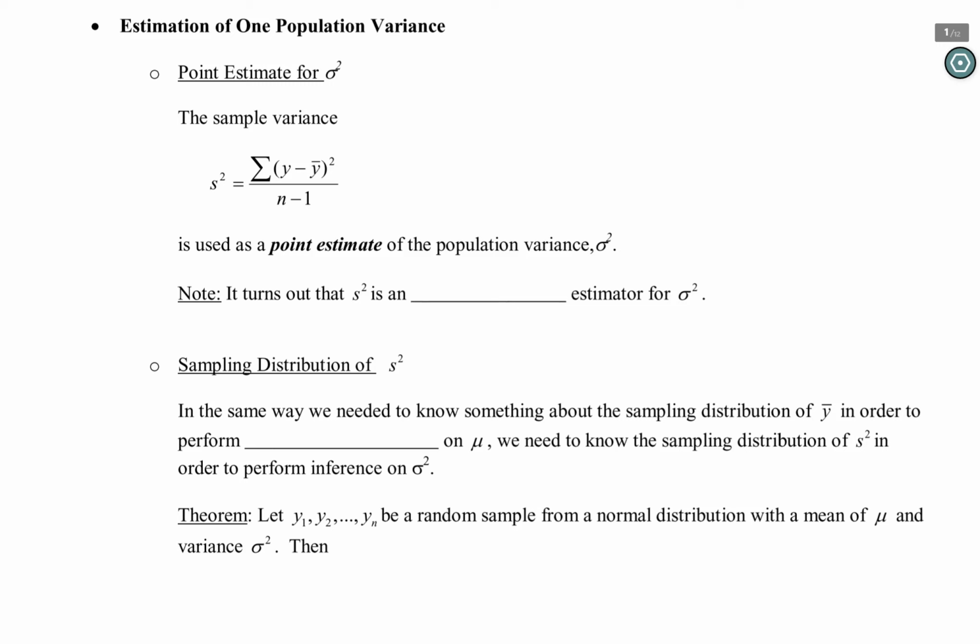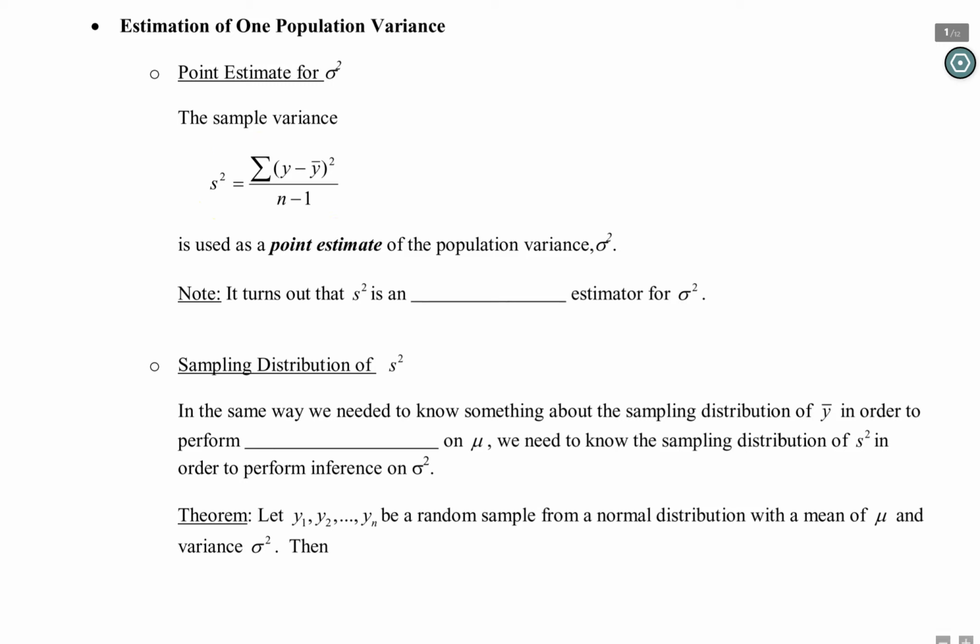In fact, even when we dealt with data sets, we talked about them having population variances. The natural point estimate for that is the sample variance that we have worked with in the past, the natural point estimate for sigma squared.